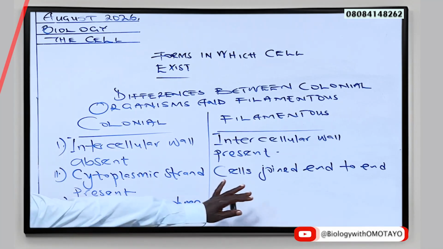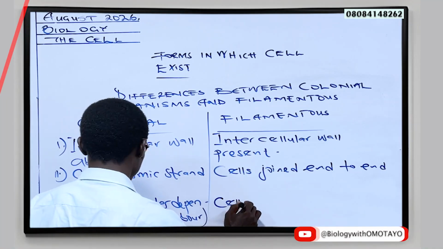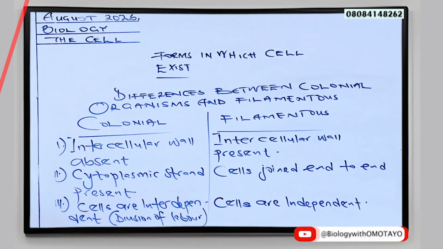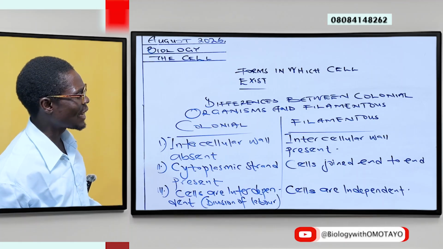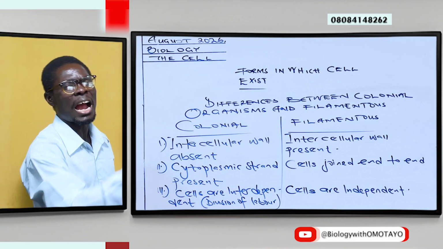Okay, while for filamentous organism, cells are independent. So there is no form of division of labor existing among organisms that exist as filament. And then these cells arrange themselves in a linear form.